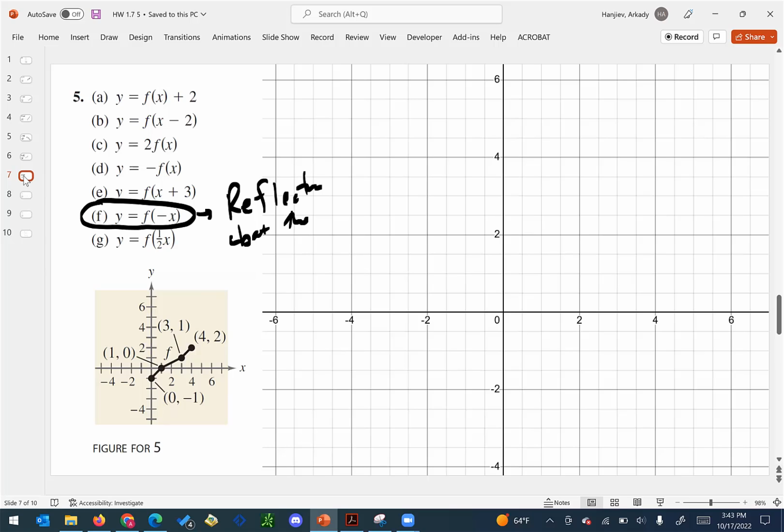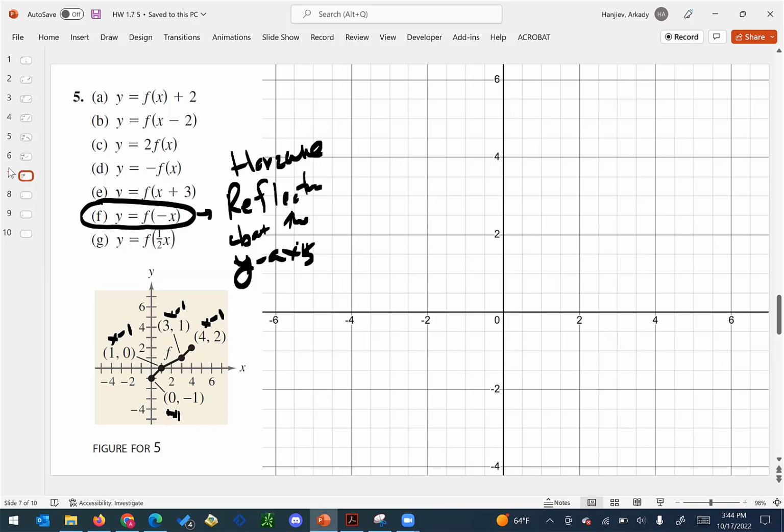Or you can say a horizontal reflection, and it is about the y-axis this time. All right, so what happened here is technically all the x values get multiplied through by a -1. So that becomes multiplied through by -1. That multiplies through by -1.